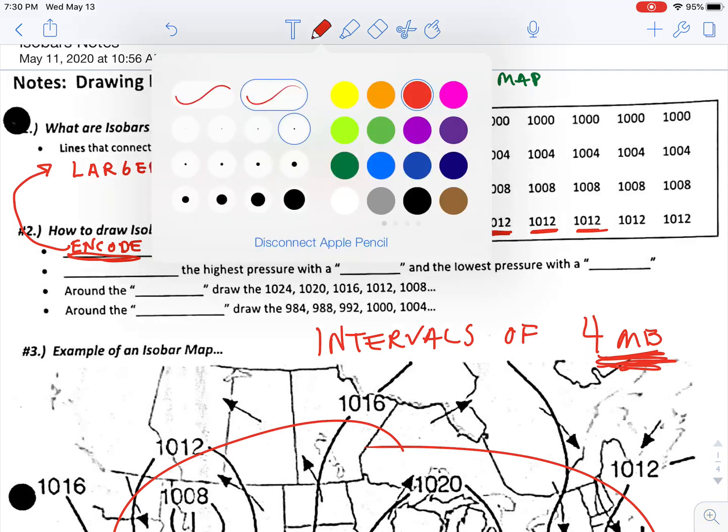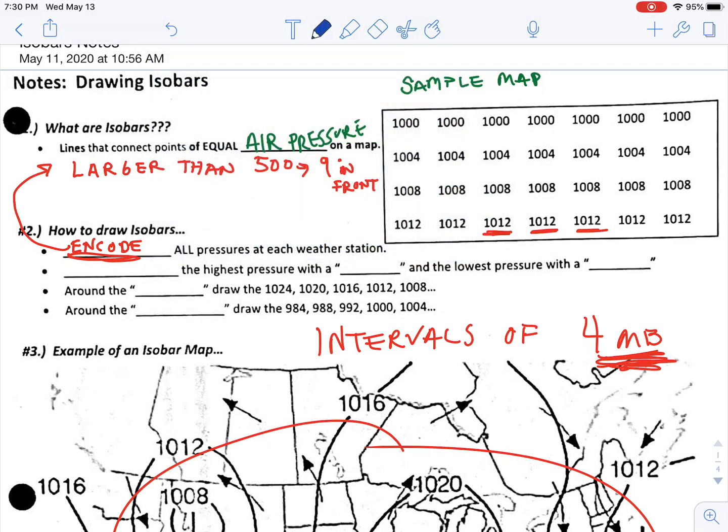Obviously, if it is less than 500, you put a 10 in front.